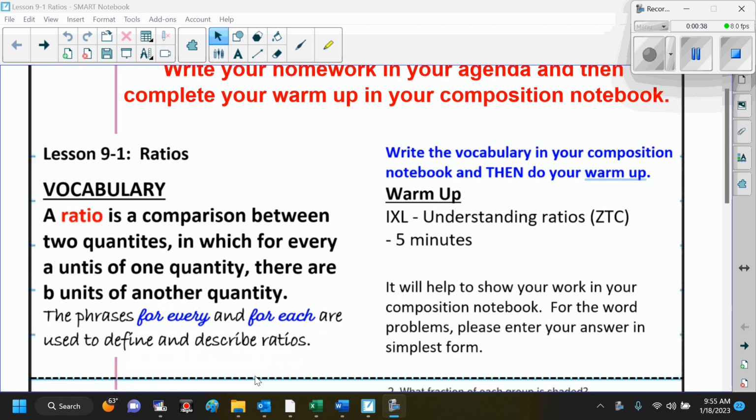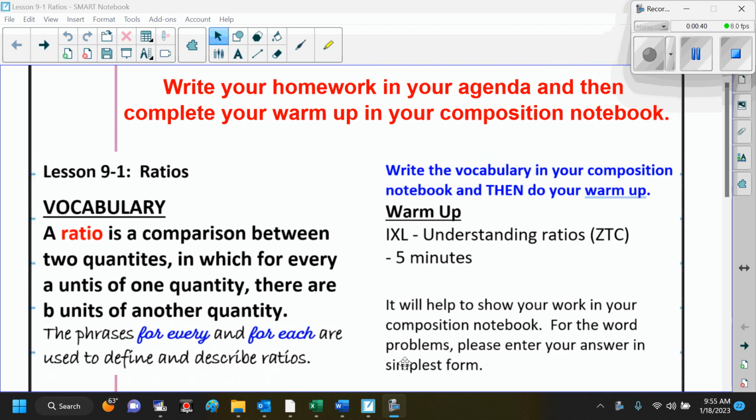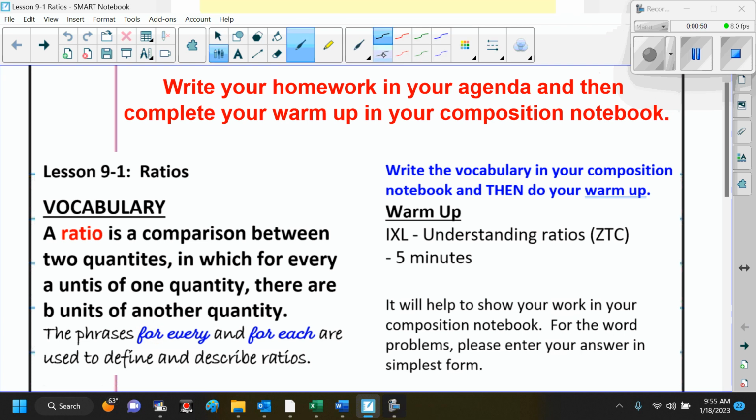Now, before we continue, I want to tell you that there are 3 different ways that you can write ratios, okay? The first way is using a colon, so you can see it's A:B, just like that. Make sure you write this down with your vocabulary.